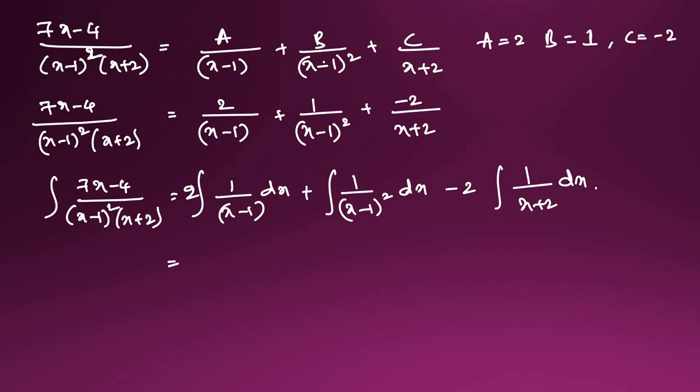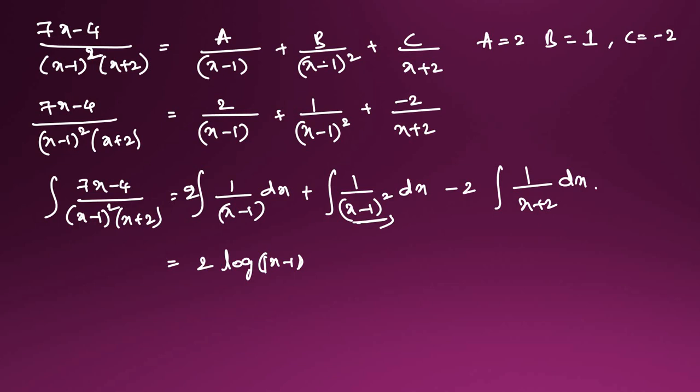So what will be the answer here? Integral 1 by x minus 1 dx is equal to 2 into log of x minus 1 will come here. You can take it as mod or anything else, no problem. Again, what will be the answer for the second one? I already told this in the previous section.